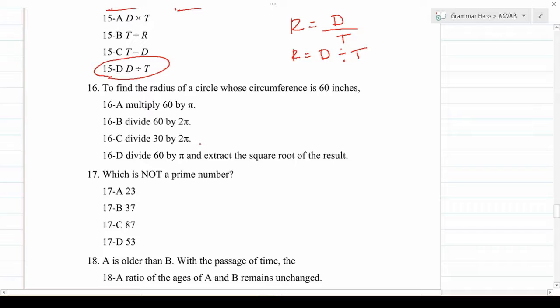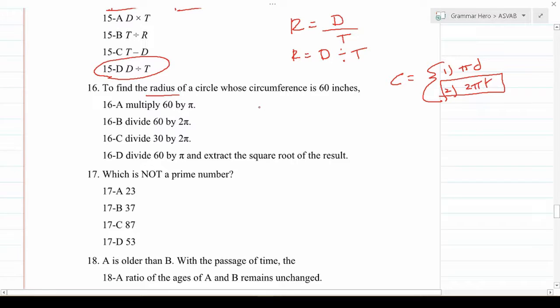Alright, number 16, find the radius of a circle whose circumference is 60 inches. Again, this is rearranging formulas. First, we need to know that there are two circumference formulas. The first of which is pi times diameter. The second of which is 2 pi times the radius. In this case, we're after the radius, so we know we're going to be working with this formula. We're told that the circumference is 60.